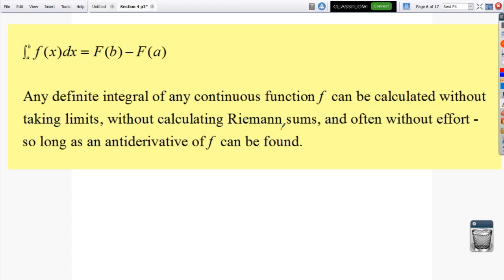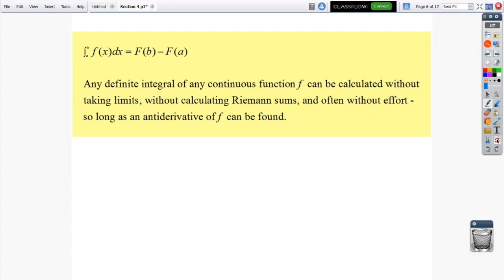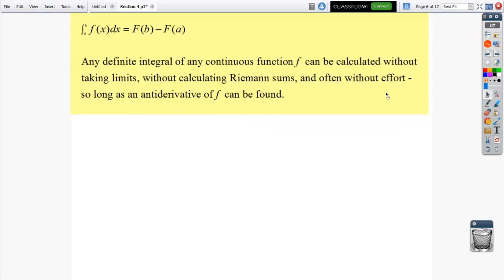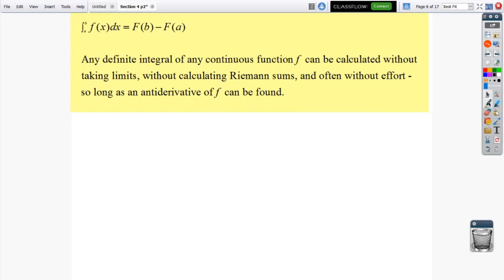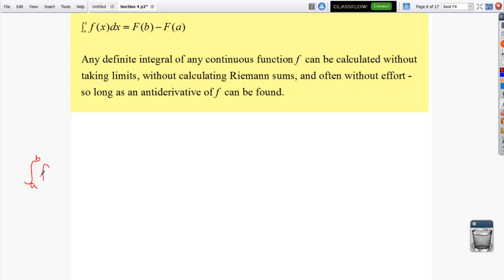While I'm doing that, I'm going to try to show you some notation that we use for calculating our definite integrals. So let's just pretend that we are trying to find the integral from a to b of f of x dx.